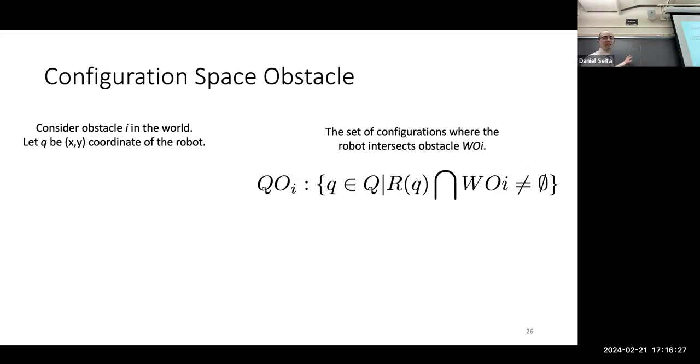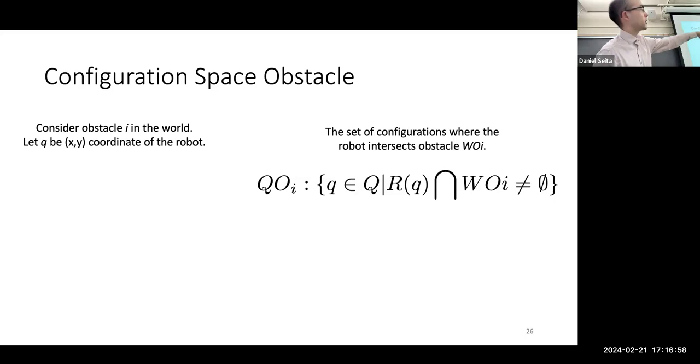All right, we have some obstacle here. Now, if we want to find something that is inside this set, then maybe we'll pick this. This is an XY, some configuration that specifies where the robot is.